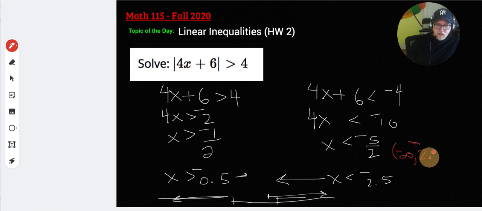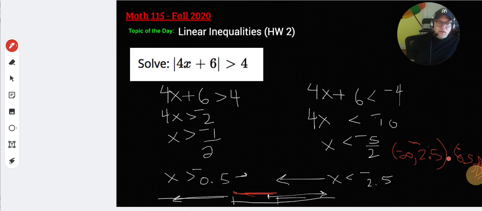I guess I'll leave it there right now this time. Then I close it off, because after negative 2.5, there's nothing that works, and nothing works until you go past negative 1/2. So you have to begin, I'm going to run out of room here, at negative 0.5 and continue into infinity and close the parentheses.